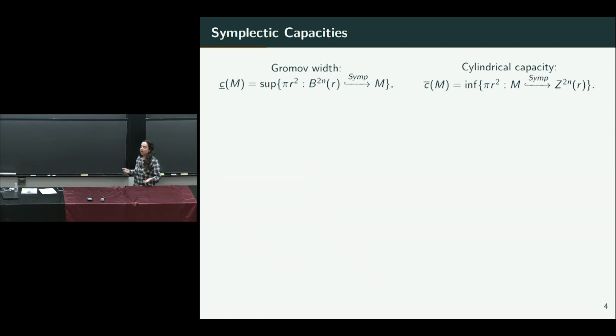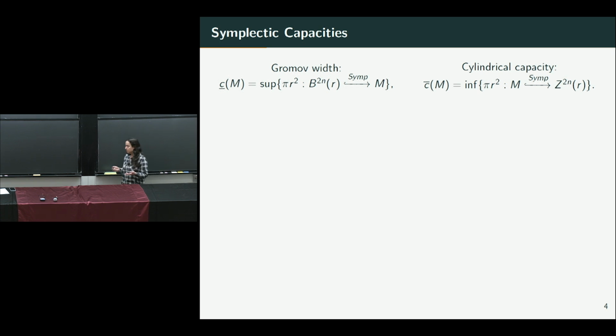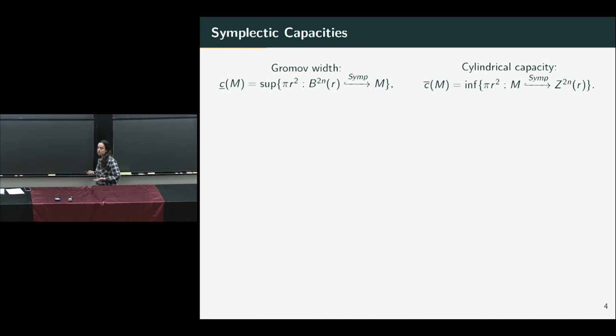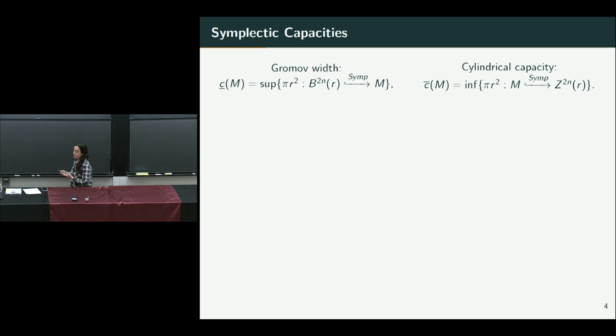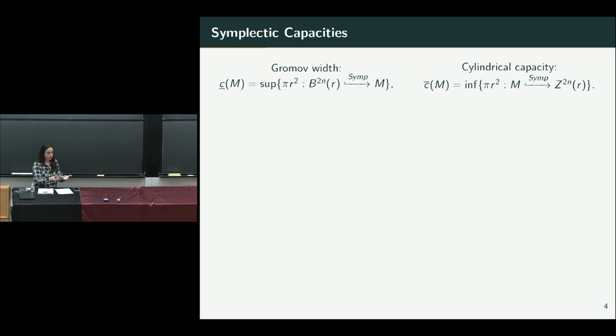You can define the Gromov width, which asks what is the biggest ball one can symplectically embed into a manifold, and the cylindrical capacity, which asks what is the smallest cylinder we can embed our symplectic manifold into. The non-squeezing tells us that these numerical values are non-trivial, so it's not an easy thing to know what the value should be.